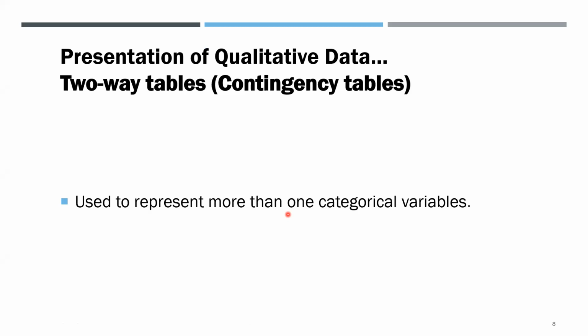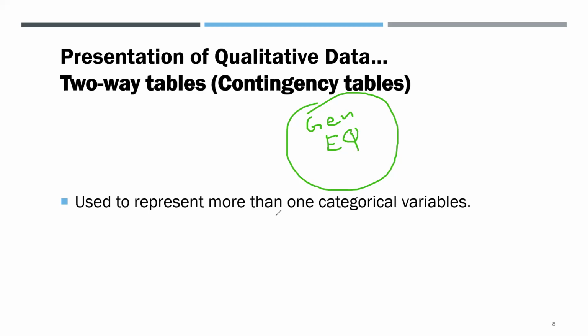If you can remember, there were two variables, gender and educational qualification. Both of these are categorical variables. So if you want to see the association between gender and educational qualification, is there any association between them?